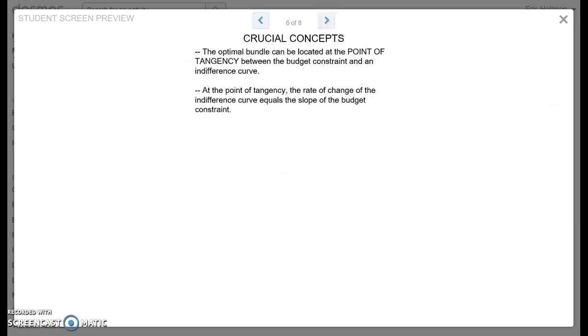Okay, so the important thing to note, and this is going to be super important when we get to the next presentation about how to find optimal bundles algebraically, is that optimal bundles are always found at the point of tangency between the budget constraint and the indifference curve.